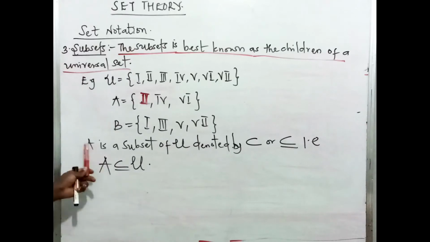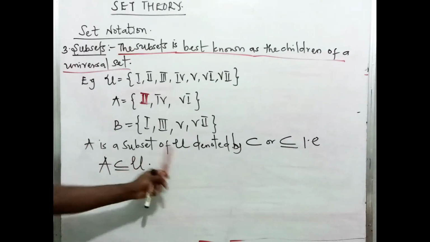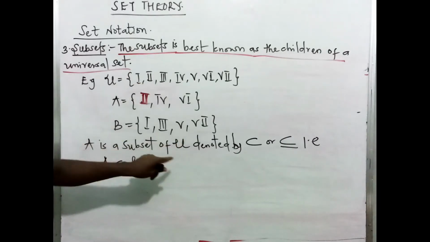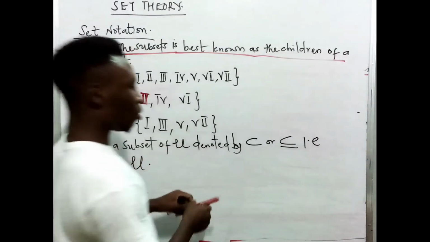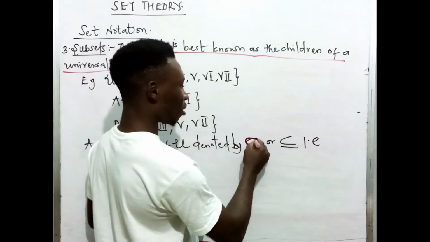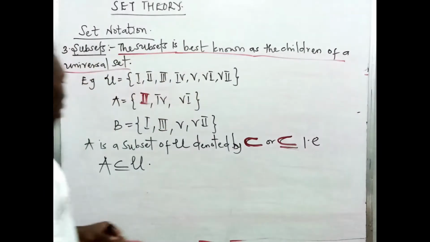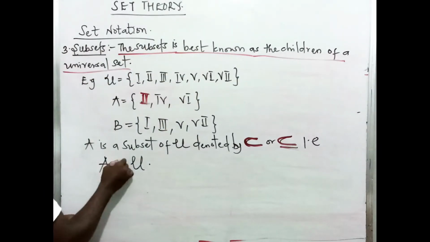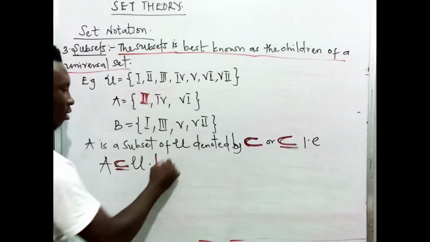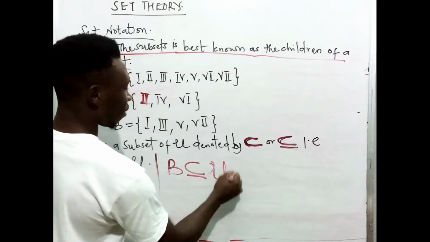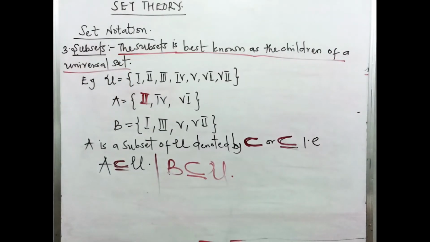Now, A here is a subset of U. That is, A is brought out from U, denoted by this sign, which is what you use to denote your subset. Therefore you can say that A is a subset of U, or you can say B is a subset of your universal set.